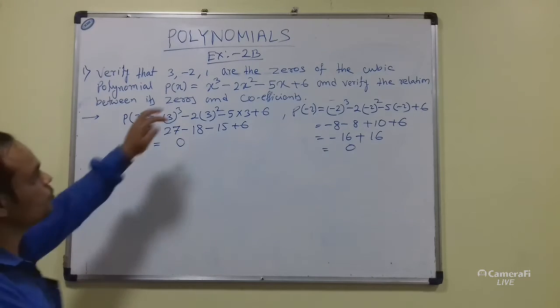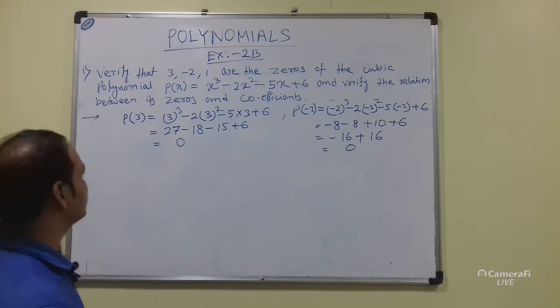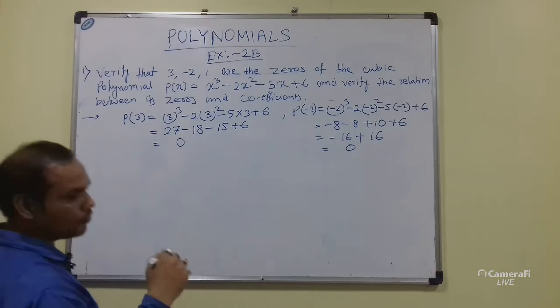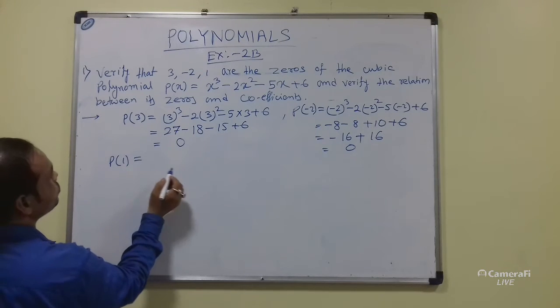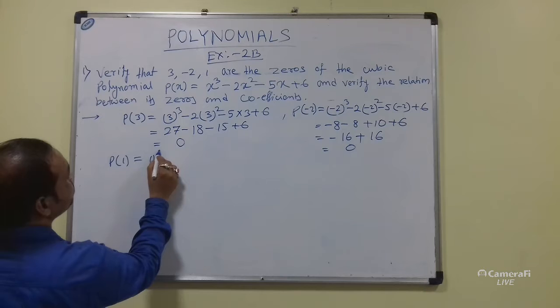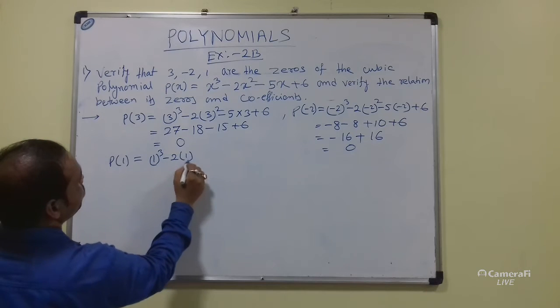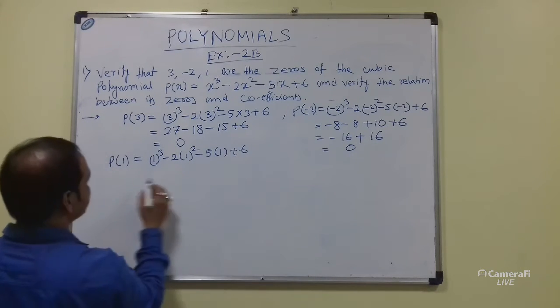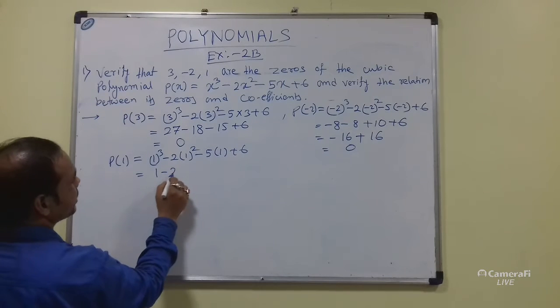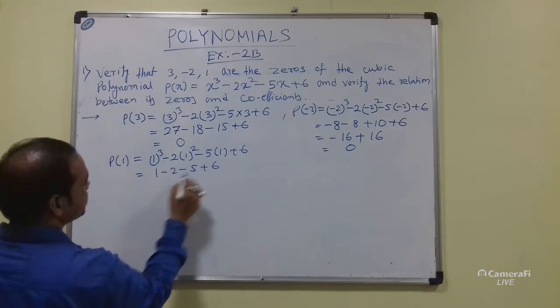Now we have to check whether 1 is a zero or not. So put the value of x as 1. P of 1 is equal to 1 cube minus 2 into 1 square minus 5 into 1 plus 6. So 1 minus 2 minus 5 plus 6.